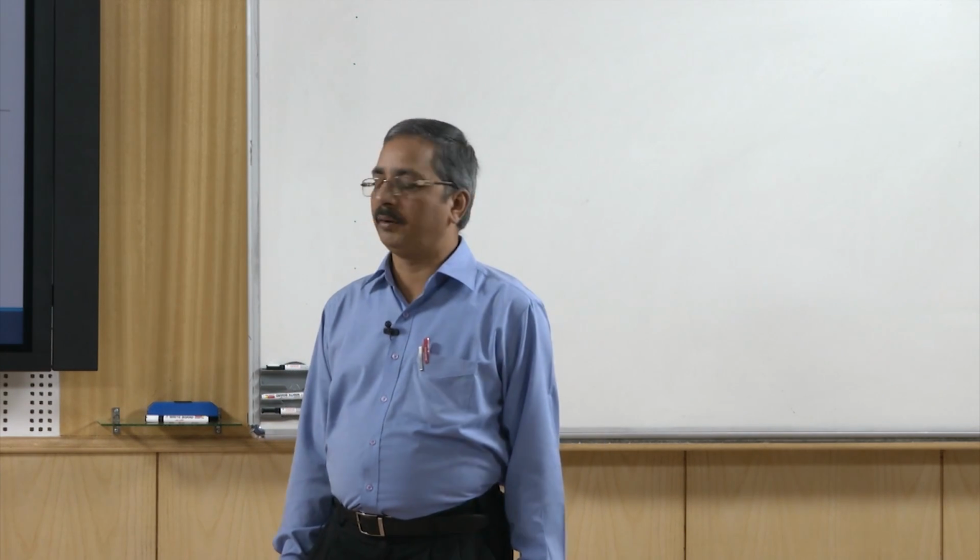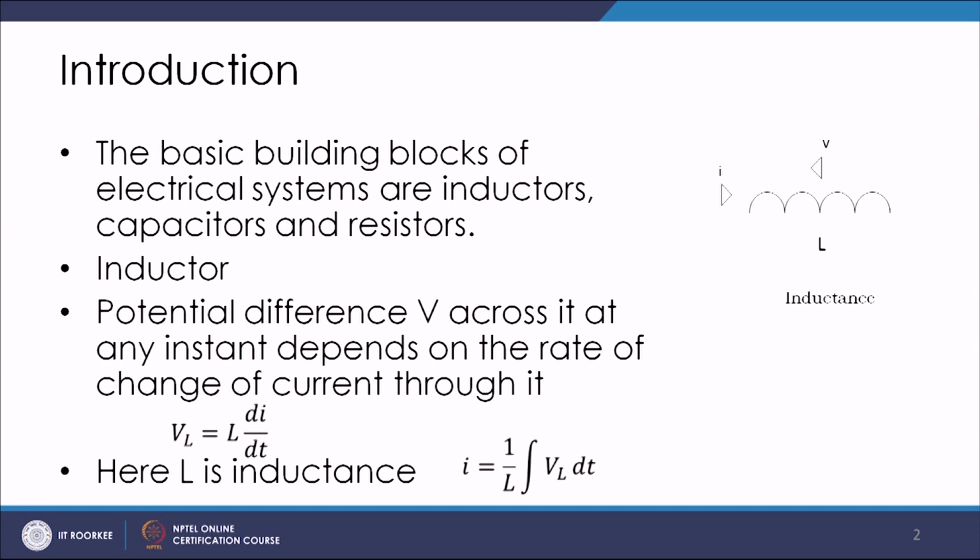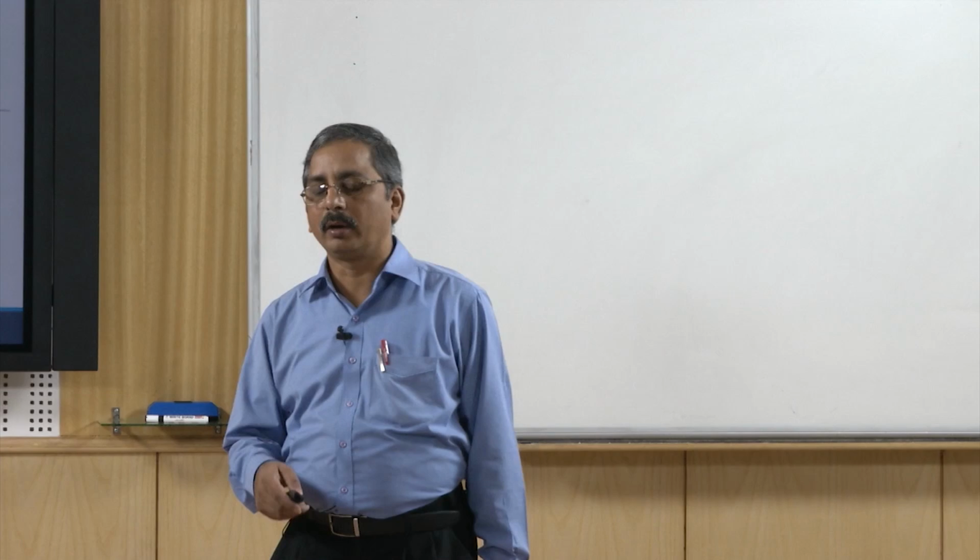This is how we plan to do it today. The basic building blocks in electrical systems are inductors, capacitors and resistors, and using these three we can model any system.